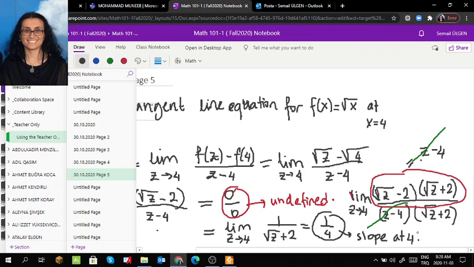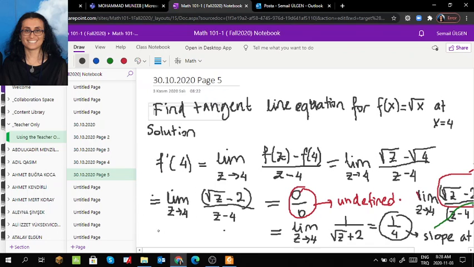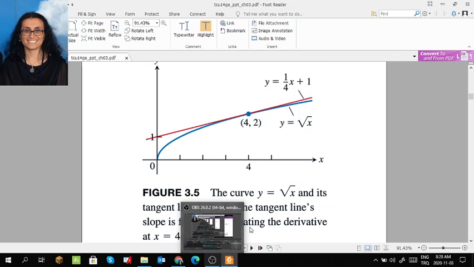Next, we are going to write the tangent line equation. If you go back to this question, the point is (4, 2). So x is 4, y is 2.